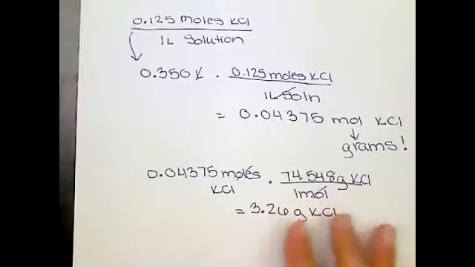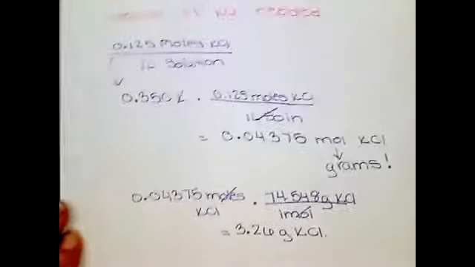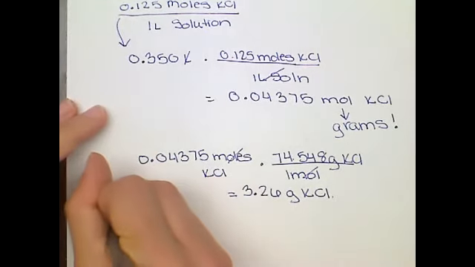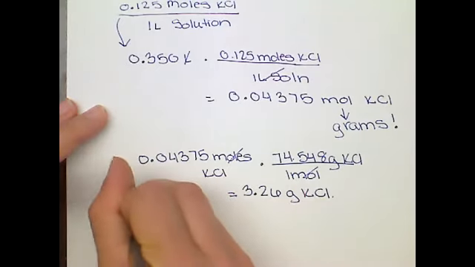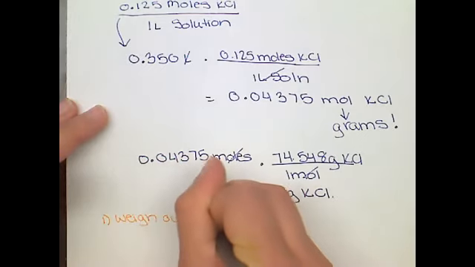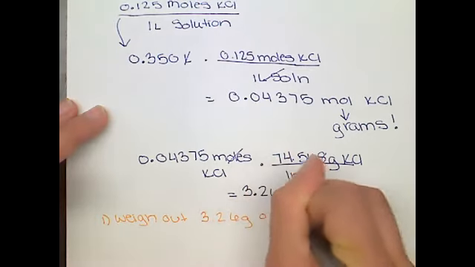So if I were to write out my steps, which the question says, how do you make? If you make it, the question is asking, how do you make? You need to add more than just the mass of that. So I would say, 1, weigh out 3.26 grams of KCl.